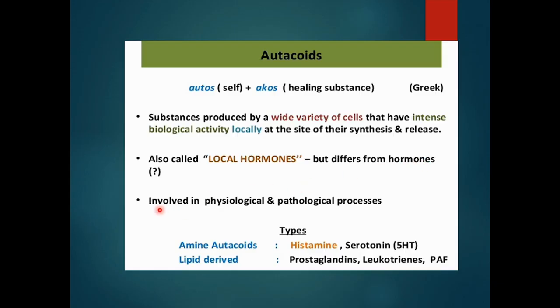These autocoids are involved in physiological and pathological processes. So there are two types of autocoids. Amine autocoids, example, histamine and serotonin, and the second type is lipid derived, example, prostaglandins, leukotrienes and platelet activating factor.